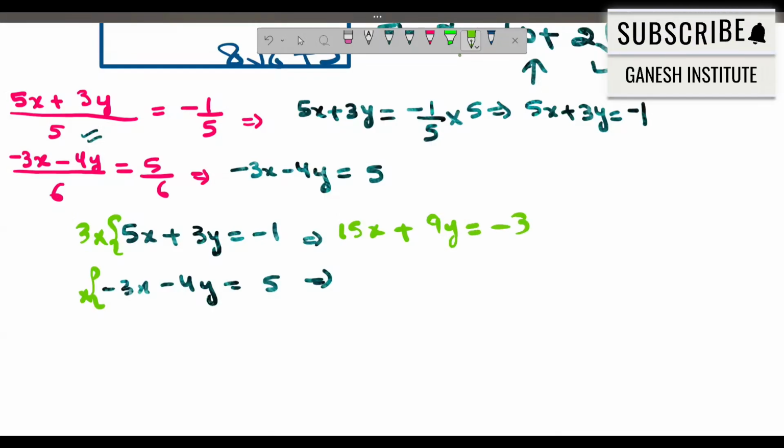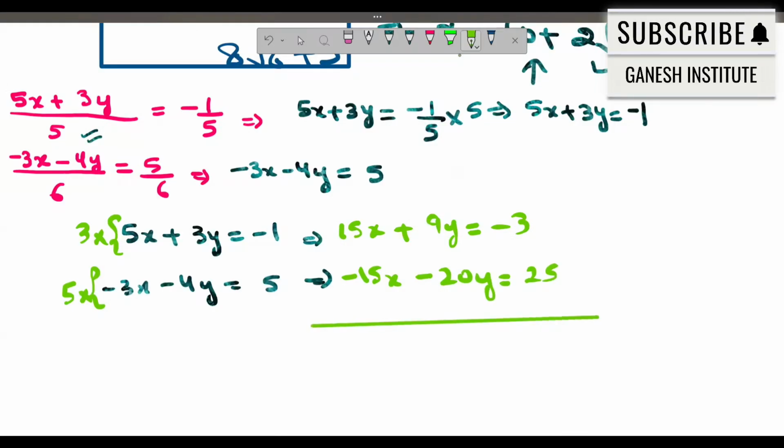And then negative 15x. So you multiply by 5, negative 15x minus 20y is equal to 25. From here, we can start off by immediately getting rid of the 15x.